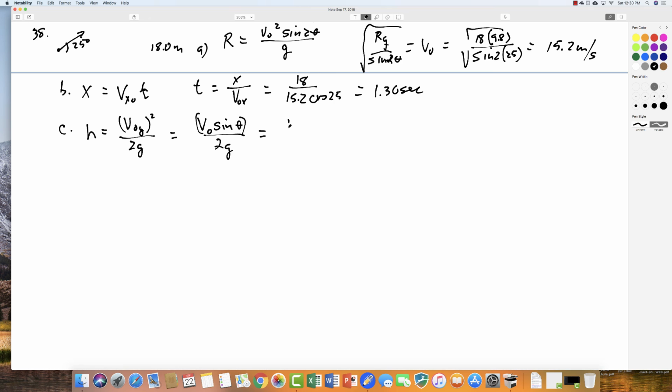So this is 15.2 sine 25 degrees divided by 2 times 9.8. We do the math here, and you get 2.11 meters above the point of release and the point where the person catches it.